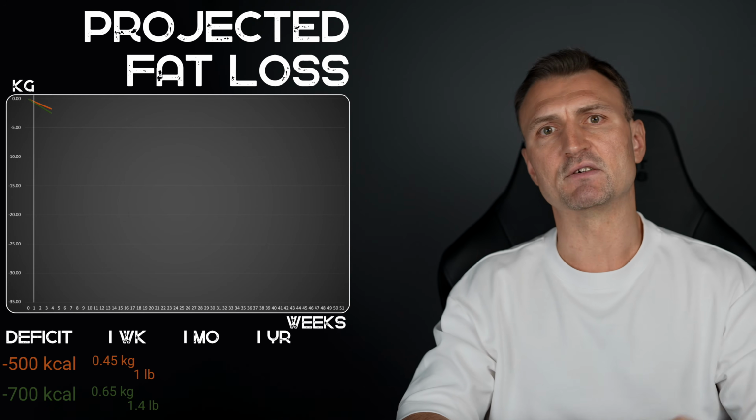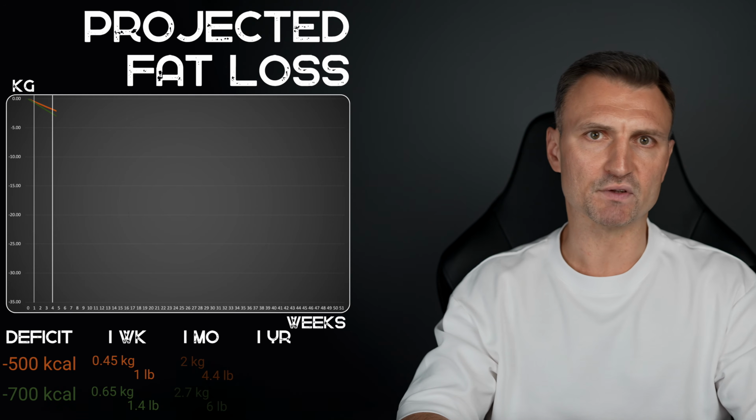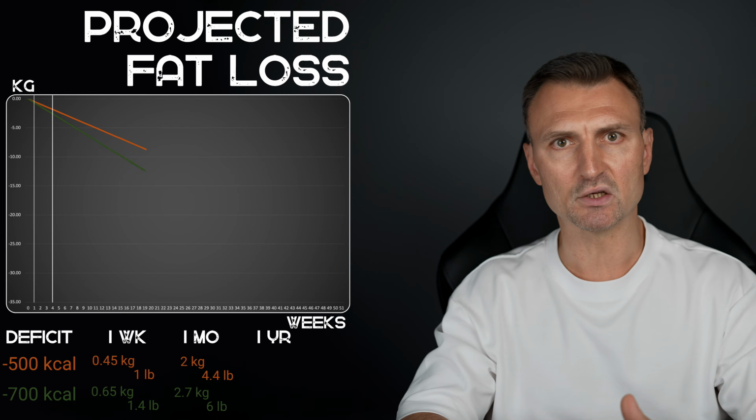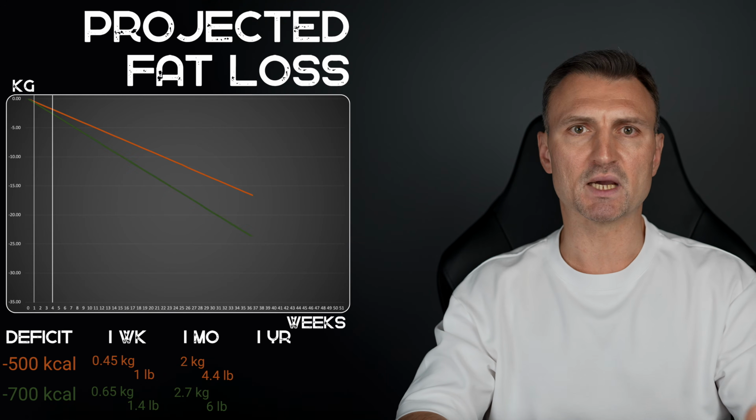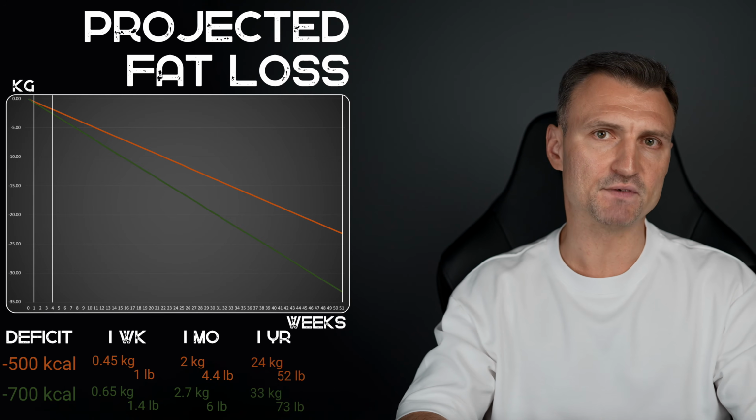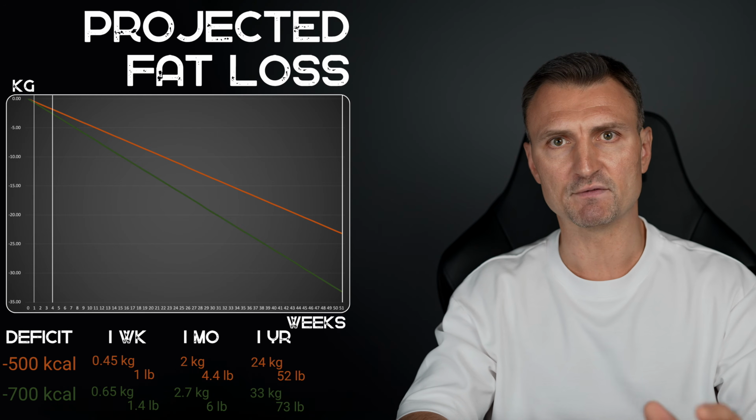So in the perspective of 1 month, we are looking at roughly 4 to 6 pounds or 2 to 3 kilos. And in the annual perspective, we could expect 52 to 73 pounds or 24 to 33 kilograms. It is important to know that even in the very beginning, the weight loss is not linear.